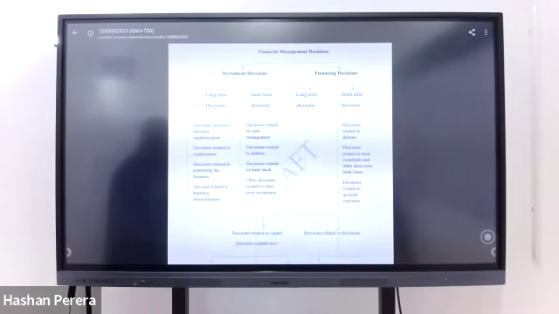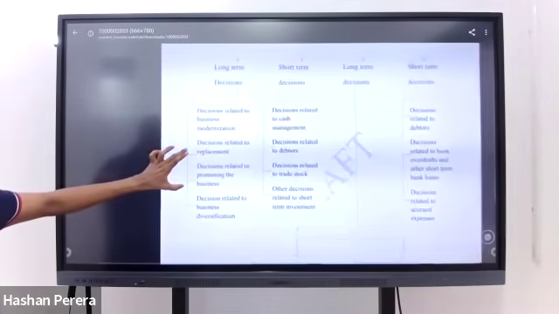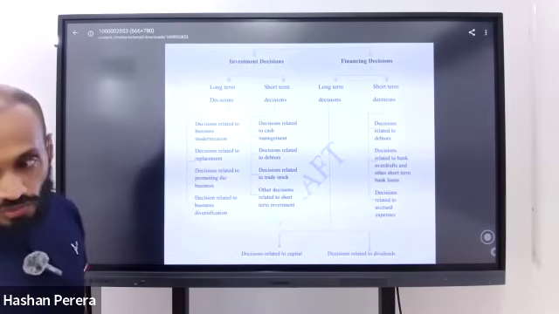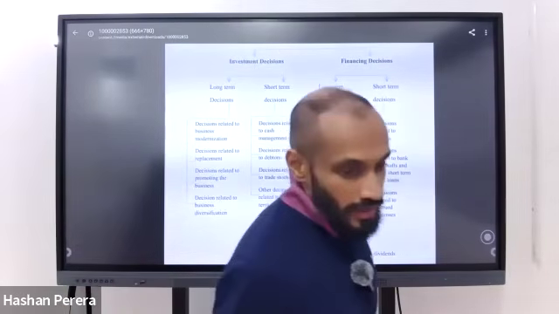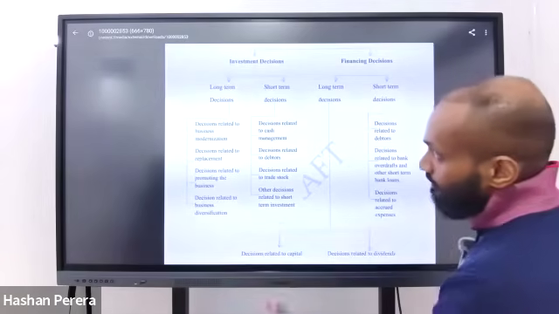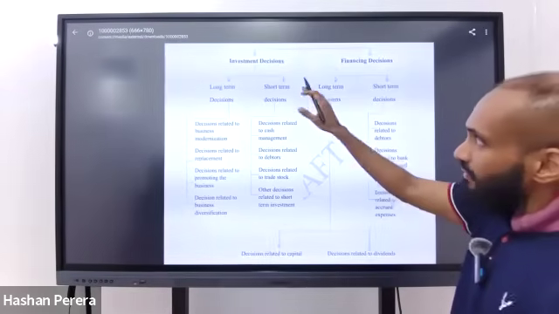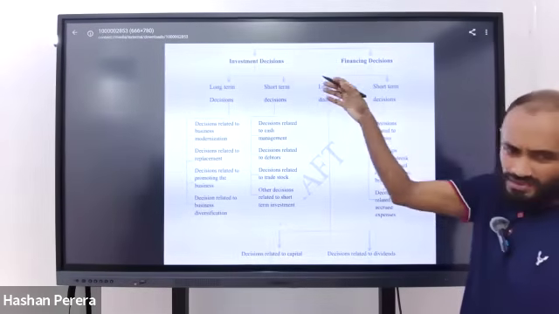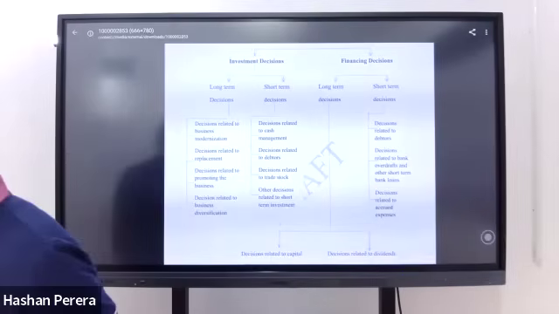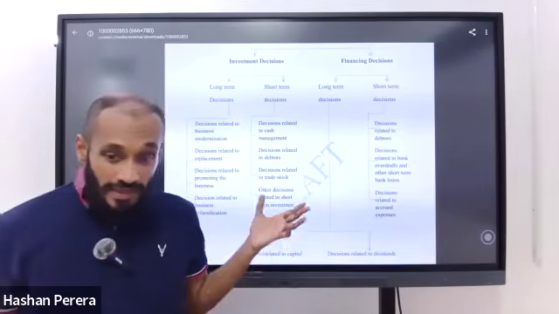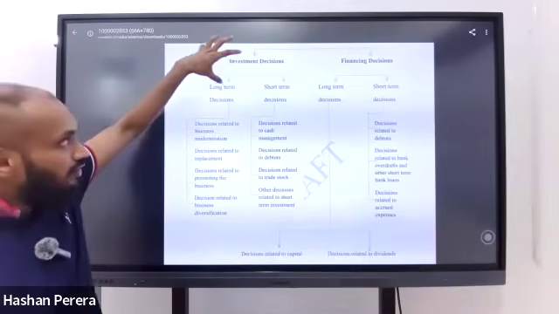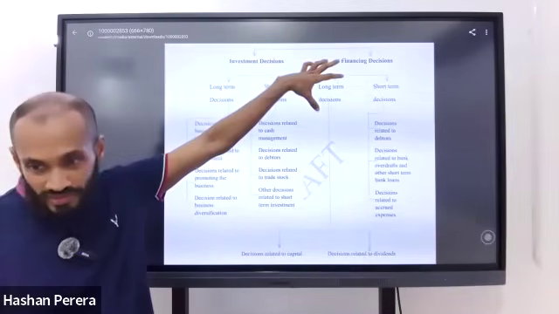Clear? I hope you can see. So it's almost the same, but it gives you some other classifications as well. Here to make classifications, this chart. This is typically what has been given in your syllabus as well. Nothing different. So investment decisions are there, financing decisions are there.